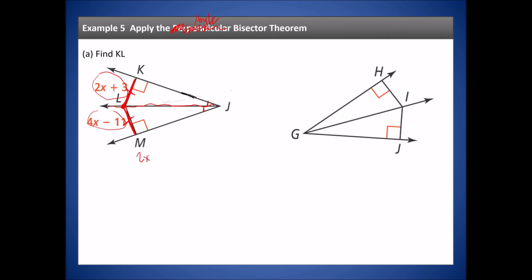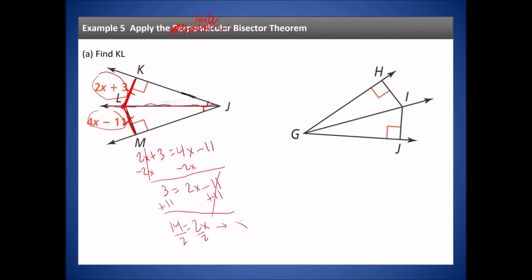So we got 2x plus 3 equals 4x minus 11. We can go ahead and solve for x here. Let's subtract 2x on both sides. We have 3 equals 2x minus 11. We'll add 11 on both sides. We get 14 equals 2x, divide by 2.